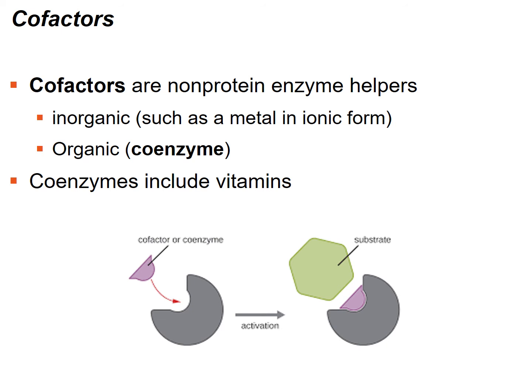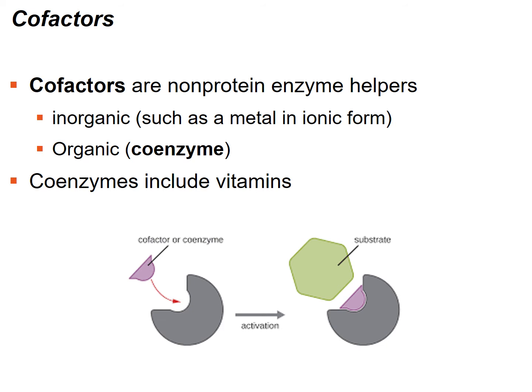Sodium could be an example of an inorganic cofactor. An organic cofactor is something that has carbon in it, like a vitamin. Organic cofactors are actually called coenzymes. That's a specific name given to cofactors that are organic.